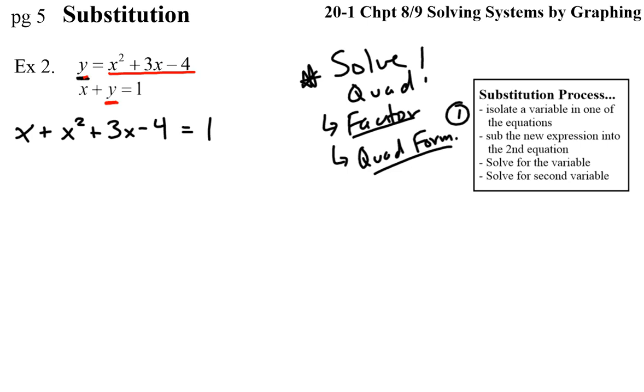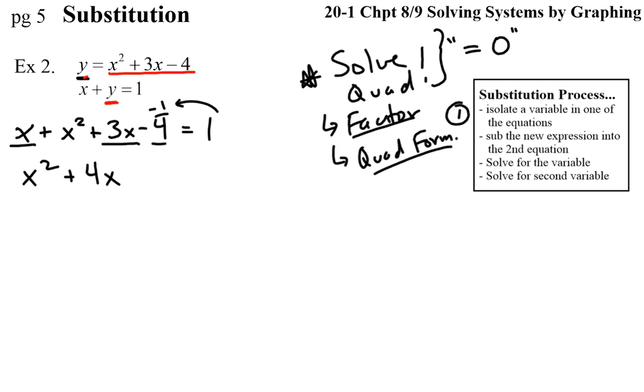Depends on the situation. Remember, the other thing with solving a quadratic, we always need it to equal 0. We need everything on one side to solve. So the first thing I'm going to do is just create my quadratic. My 1 has to come over, so I'm subtracting 1. I have x squared. My x and 3x becomes a 4x.